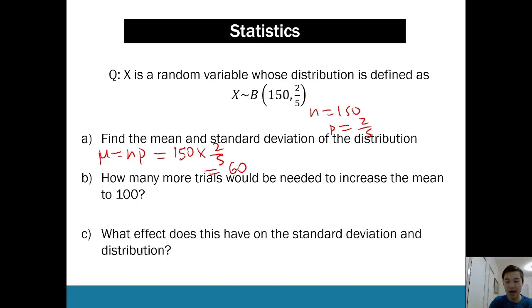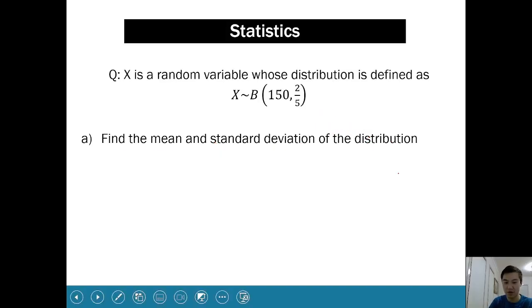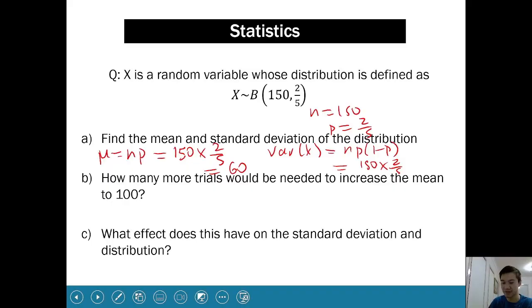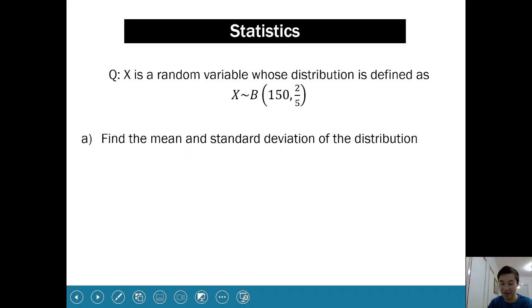And our variance is going to be np times 1 minus p. I've already found on the previous slide that the mean is 60.